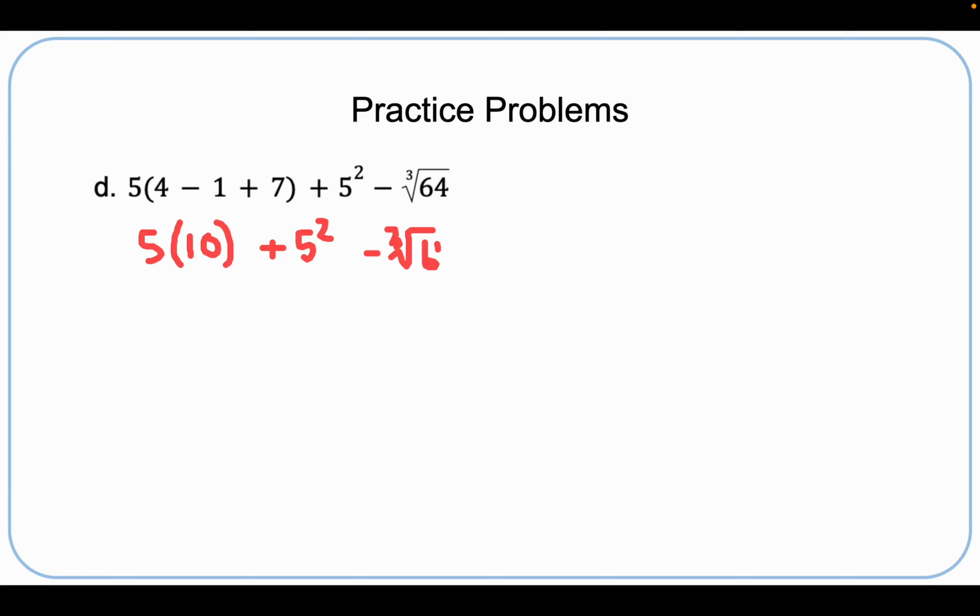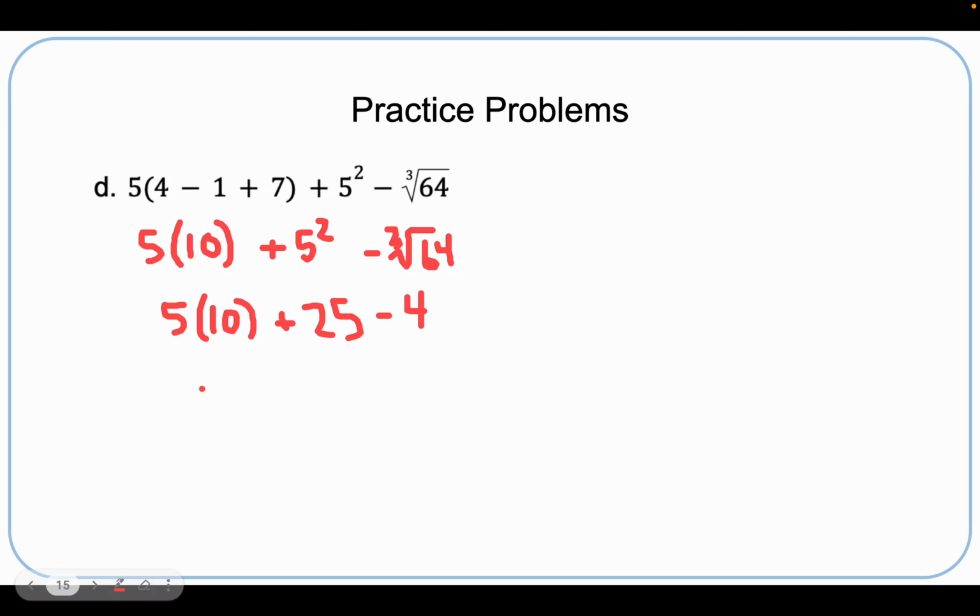Okay, and then our second step in our order of operations is exponents and roots. So I'm going to keep this 5 times 10 here. 5 squared is 25. And the cubed root of 64 is 4, as we just learned from our last problem.